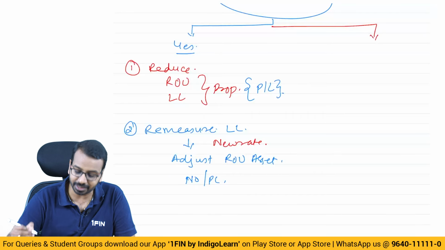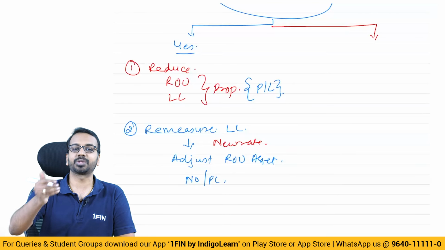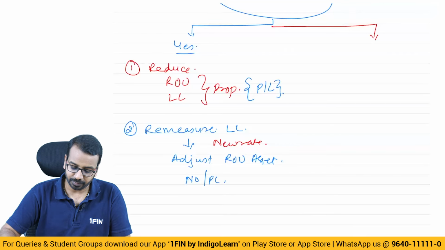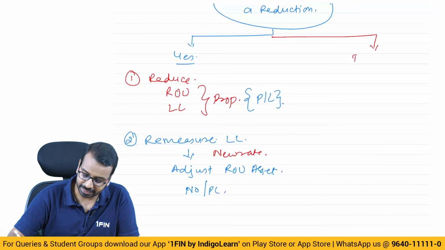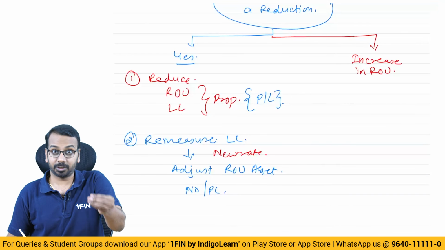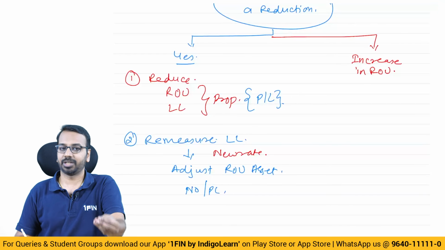Okay. Now if you say, sir, no, there is no reduction, means what? Either there is an increase or there is a change in terms of consideration without change in term or right of use asset. So if there is no reduction, then is there an increase in ROU? Increase means earlier we had taken for 1000 SFT, now we are taking for 1500 SFT.